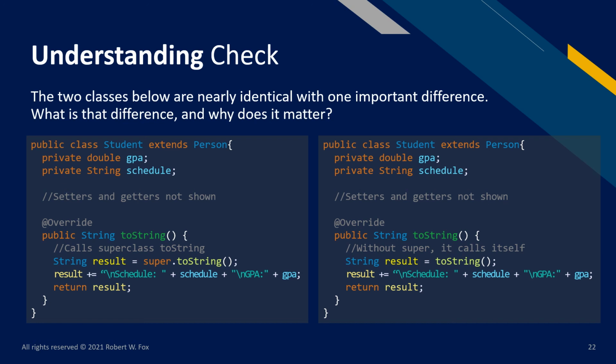Because since we don't have the super dot, when we say toString, it's going to look for a toString method right here in this class, and it's going to find one. Basically, this is telling the method to call itself. And so that's going to be a problem because it's not going to give us the result we want. It actually will create what's called infinite recursion, which will be a topic that we cover in the next unit.